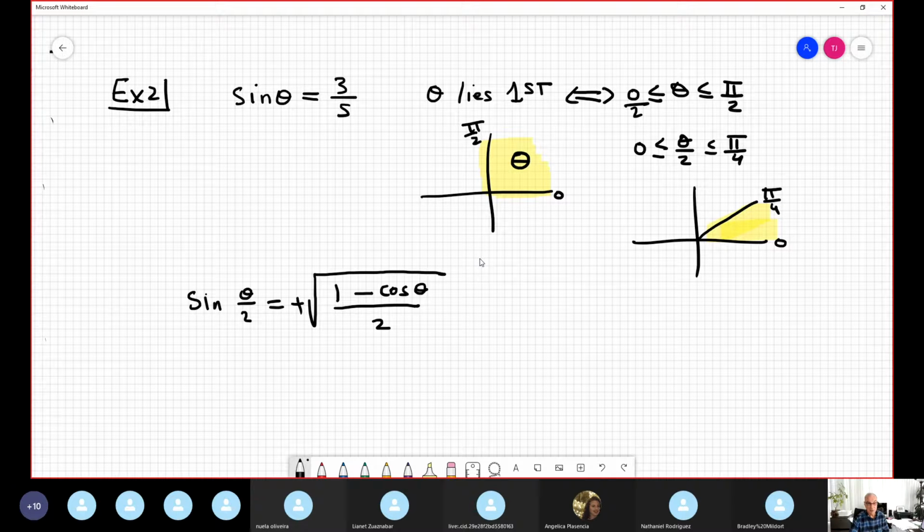But I put the positive sign here, not negative, because I verify that both theta and theta over 2 lie in the first quadrant. Therefore, you take the positive value, not the negative value. And likewise, cosine theta over 2 is equal to square root of 1 plus cosine theta over 2.